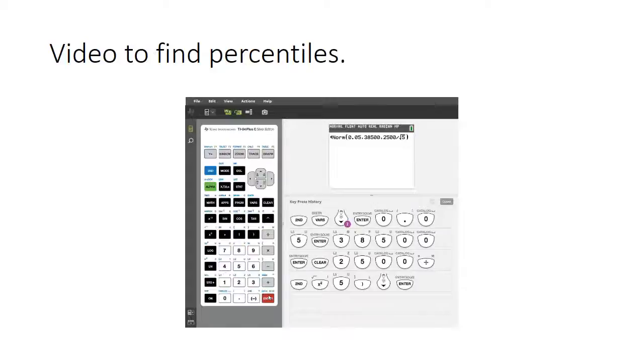Again, if your calculator doesn't prompt you, make sure your notes include how to set up these parentheses. Inverse norm, percentile as a decimal, population mean, and then whatever standard deviation you're dealing with. If you're looking for a percentile for a population, what is the data value that separates the lowest percent of all data values?